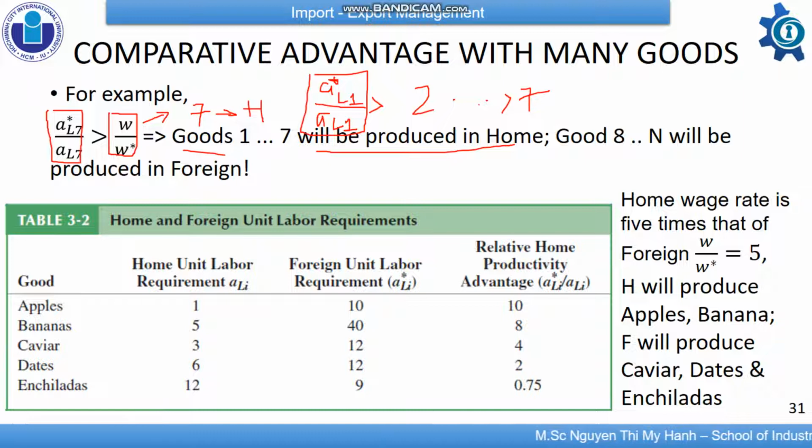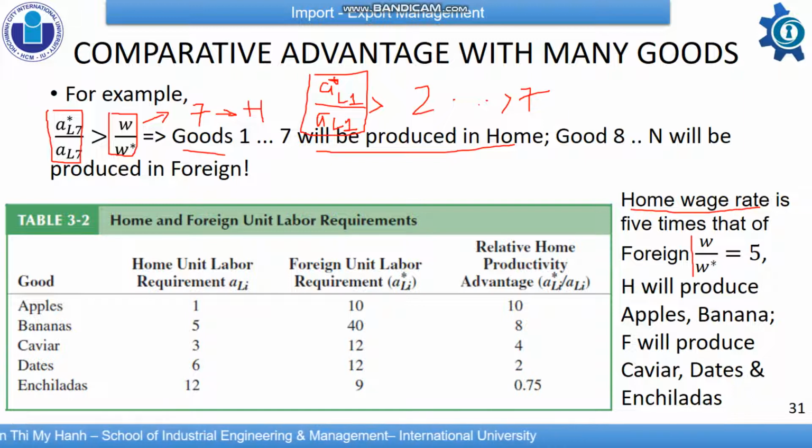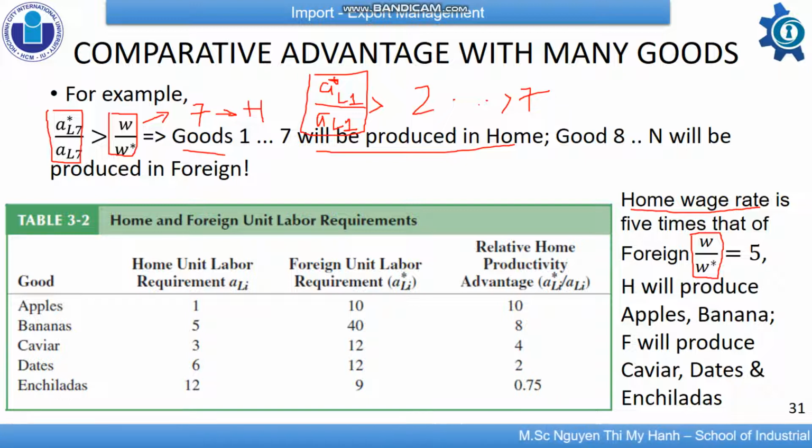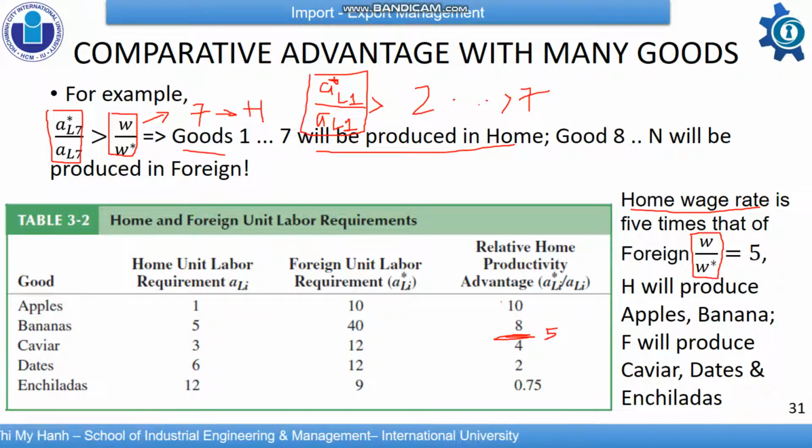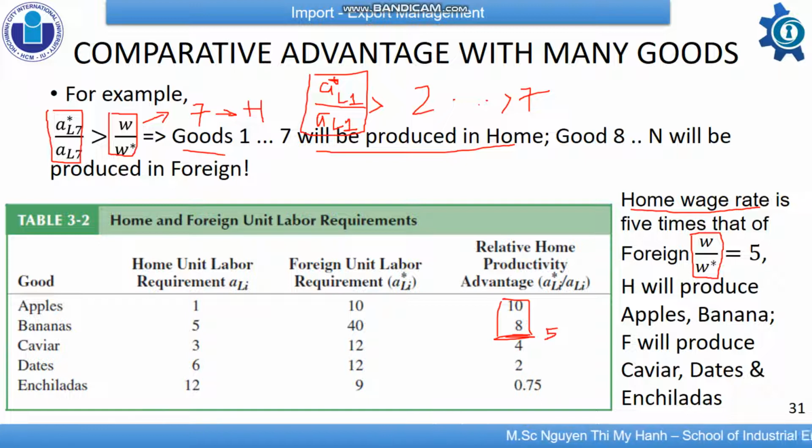Okay, so for example, the home wage rate is 5 times that of foreign. The relative wage rate in home country to foreign is equal to 5. So we can conclude that home will produce apples and bananas, because of the relative wage.